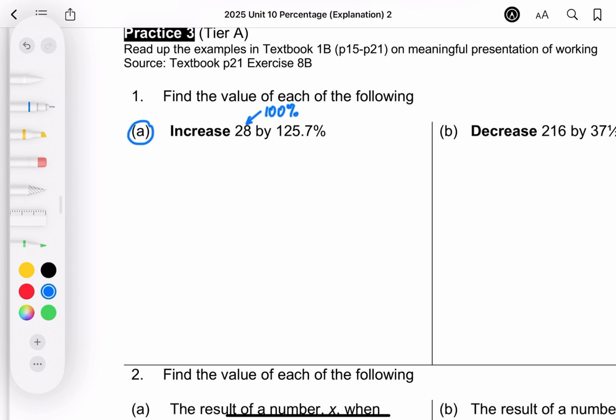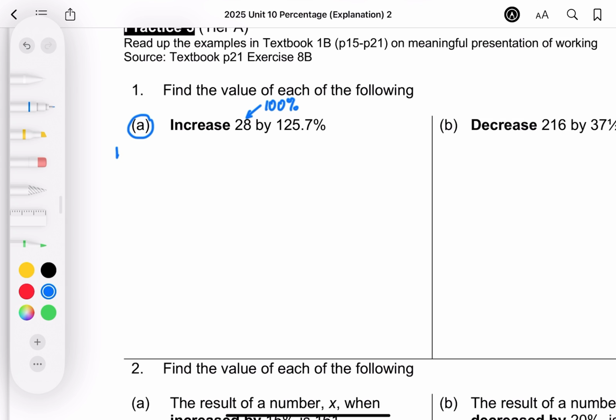So, to increase it by 125.7%, one of the methods is we find out 125.7% of 28. And from here, we know that we can write it in this manner.